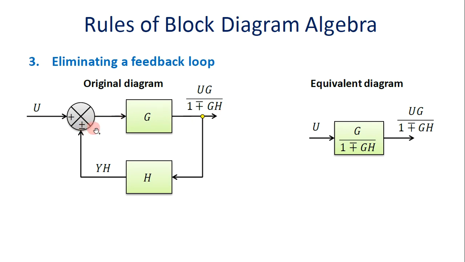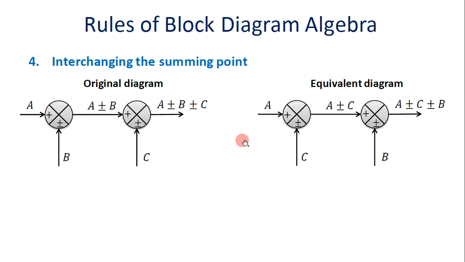If it is positive feedback, then it is G of s by 1 minus G of s into H of s. This is the equivalent. Next, interchanging the summing point.